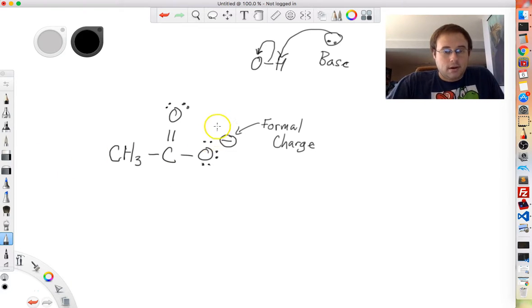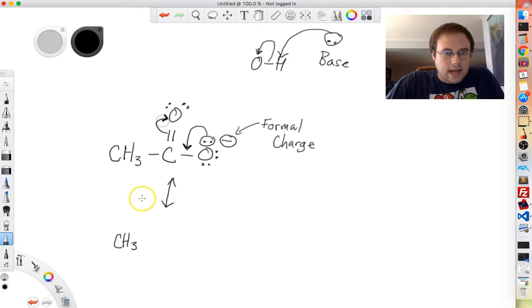If we view this from a resonance perspective, we write a double-headed arrow going back and forth, which shows that these structures are equivalent. From an arrow flow point of view, these lone pairs would be deposited to create a new pi bond, and this pi bond would deposit electrons up onto this oxygen.